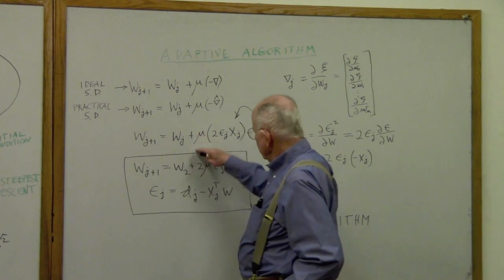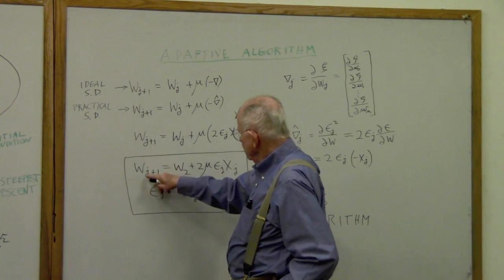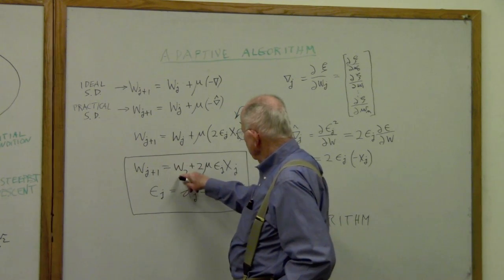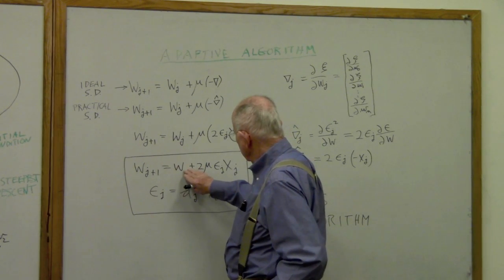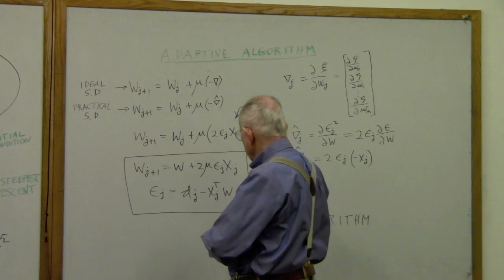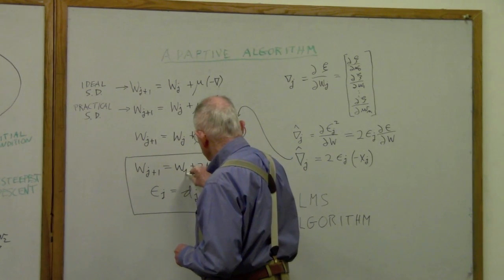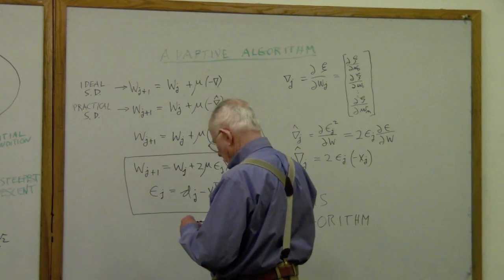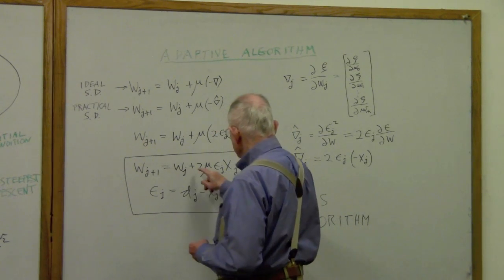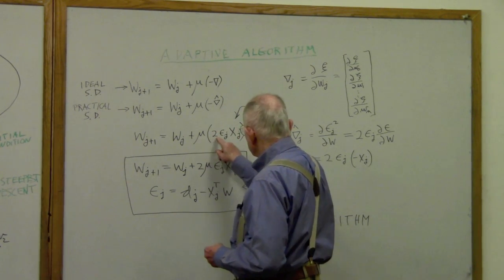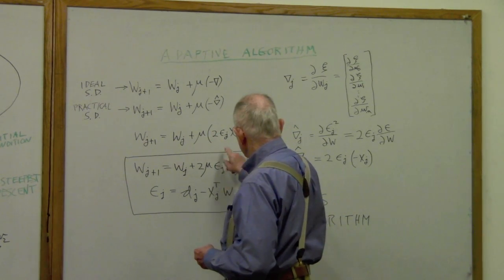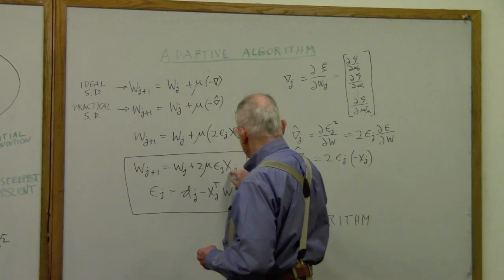And now we can write this as wj plus 1 equals wj plus 2 mu epsilon j xj.